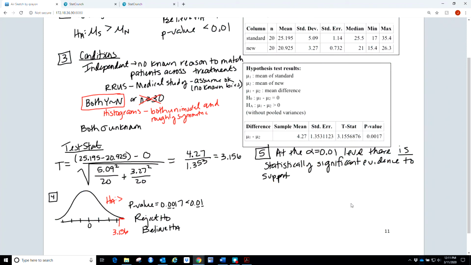So there is evidence to support that the mean time to allergy relief is faster, better, whichever word you'd want to use, for the new treatment than for the standard treatment.